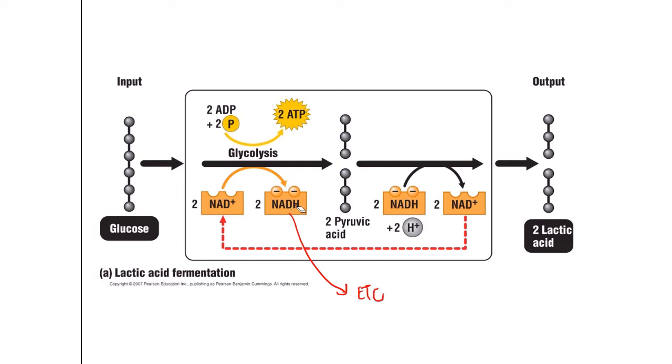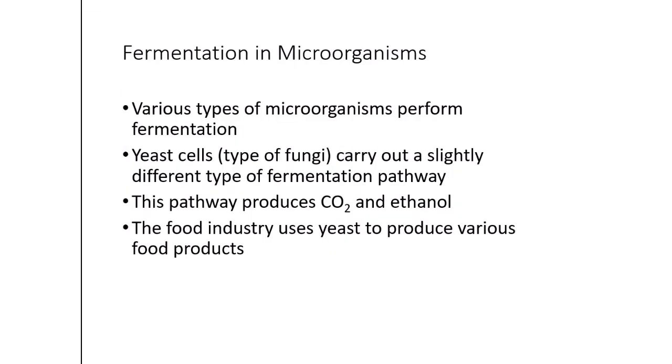So as an alternative pathway, the electron will now go to the pyruvic acid, the pyruvate. Okay, and that will convert the pyruvate into lactate or lactic acid, and you will regenerate NAD+. So that NAD+ will allow glycolysis to keep on happening, so you will still be able to produce 2 ATP even though your oxygen supply is low.